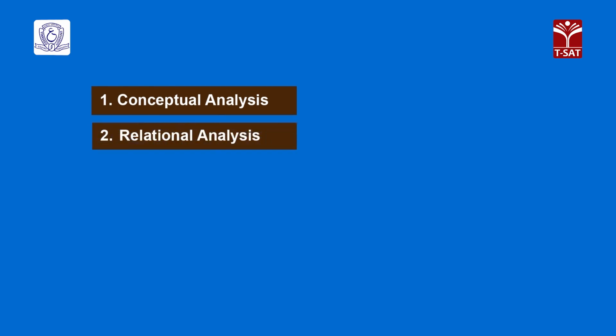Second type is relational analysis. Whereas in relational analysis, it begins with identifying the ideas already present in the given text or set of documents. It is quite similar to qualitative analysis. It deals with the examination of relationships amongst the concepts and terms in content.